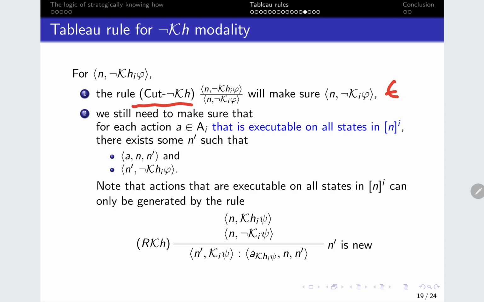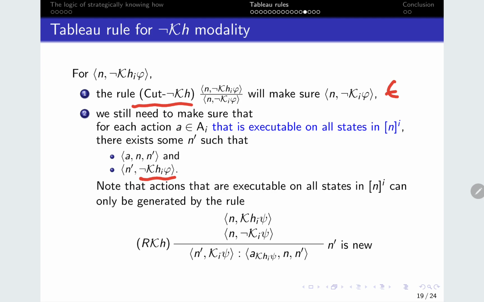And secondly, we need to also make sure that for each action A, if A is executable on all states in the belief state of N, then there must exist some successor N prime such that know-how phi is not true on the successor N prime.